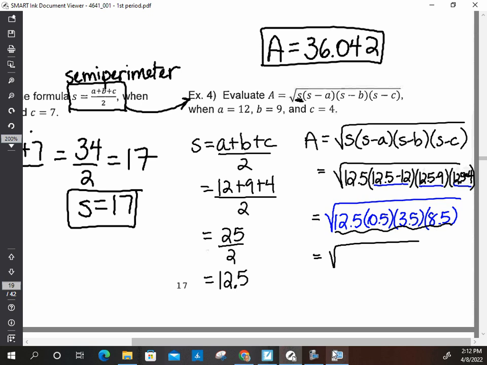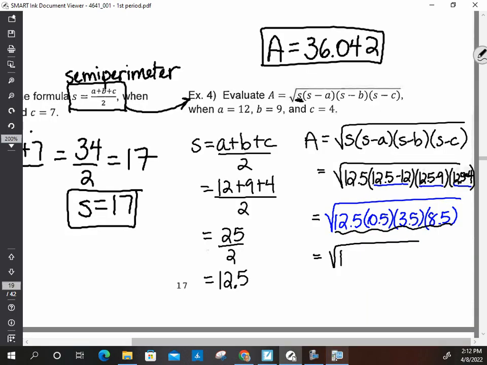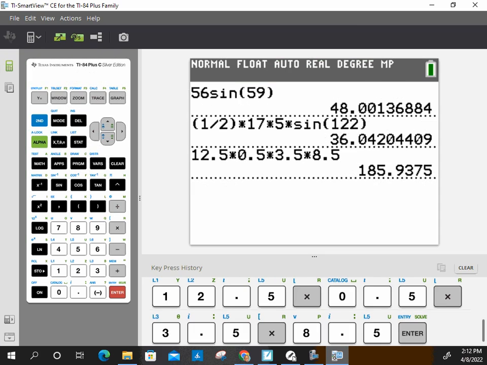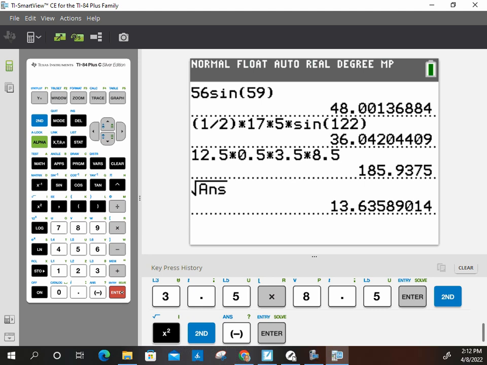185.9375. And then just take the square root of that answer. So square root of your answer, 13.63589.